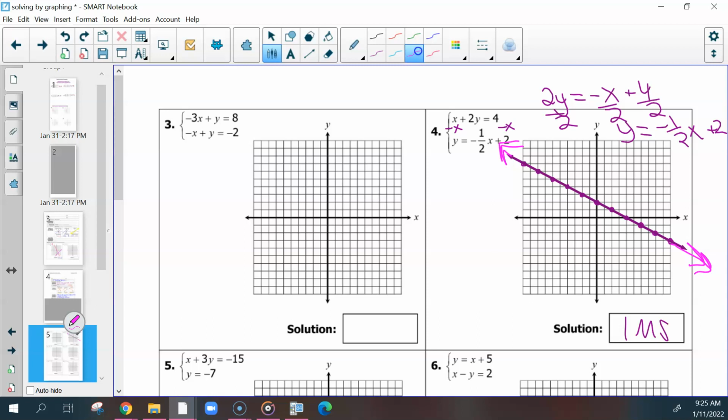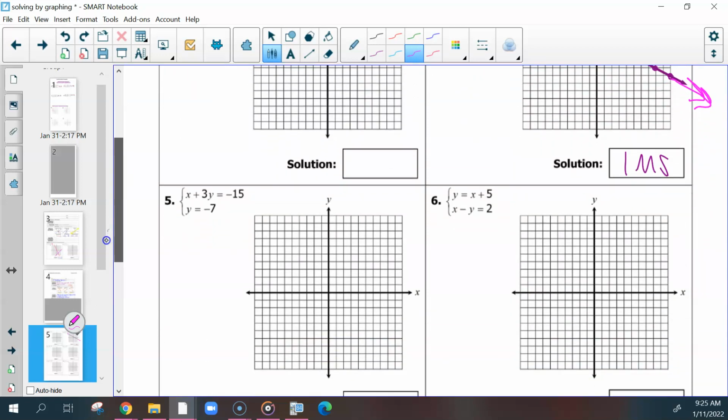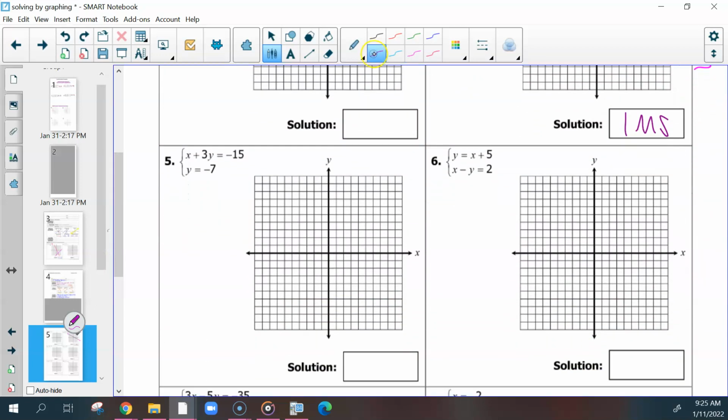Moving on to 5. I'm going to focus on this one first because that one will be easier. Remember that if you have an x equals a number or a y equals a number, it's going to be a horizontal or vertical line. Somewhere on your paper, write this toy box, just in case you forgot what that means.